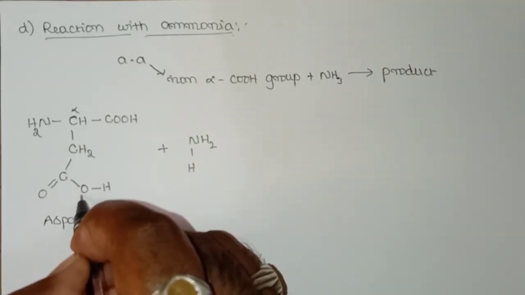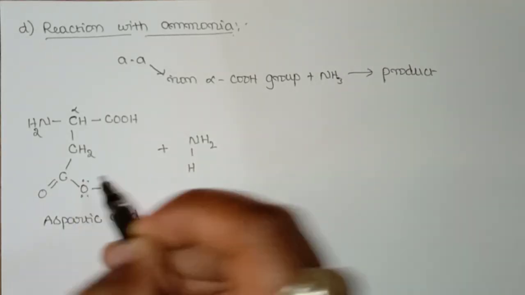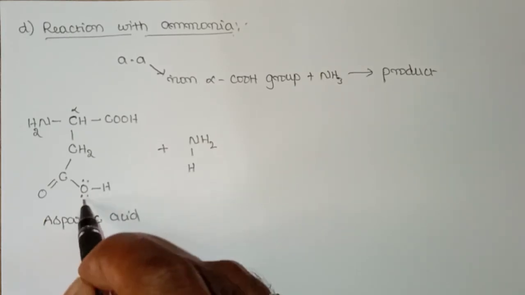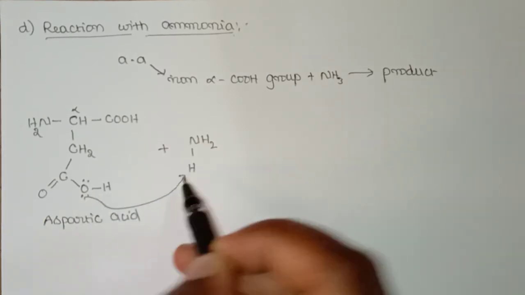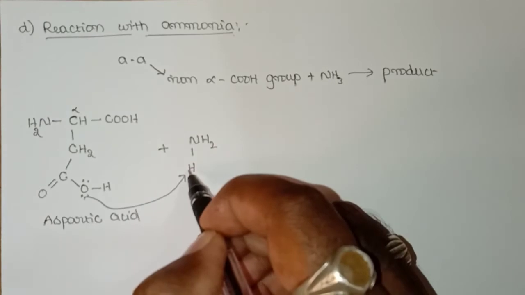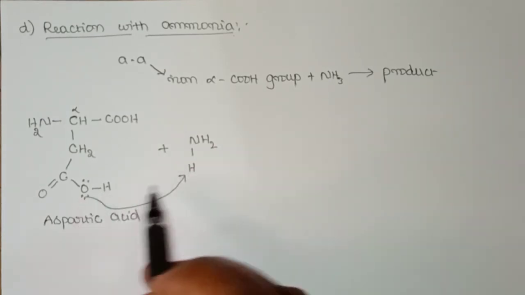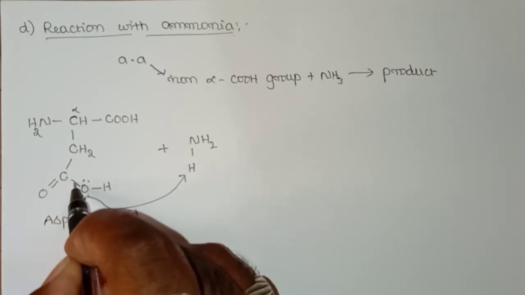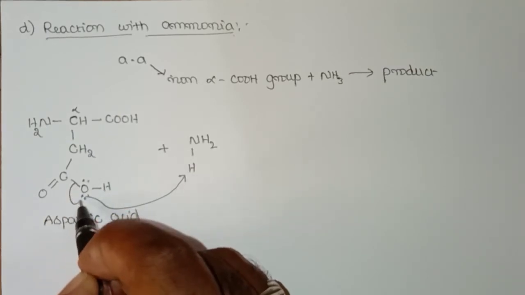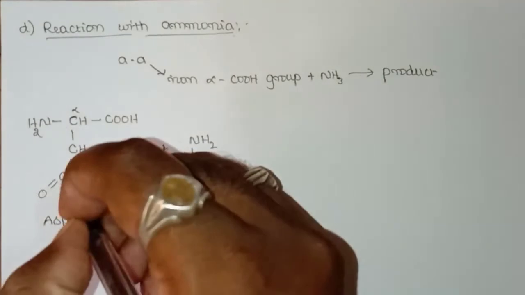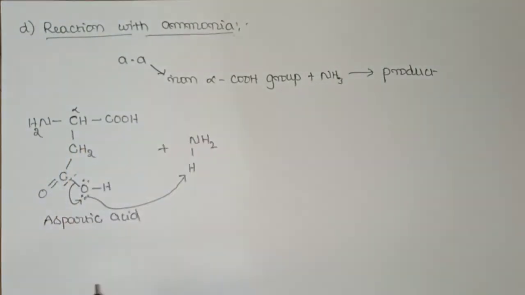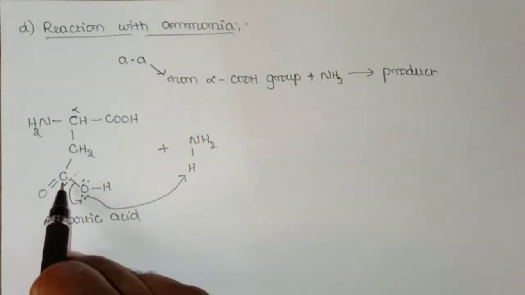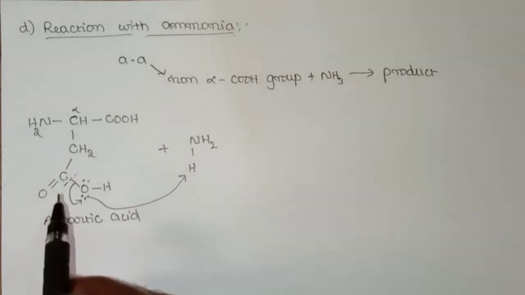Here the lone pair of electrons present on the oxygen atom will be donated to the hydrogen atom. So a bond will develop between this OH and H, and to balance the lone pair of electrons, these bond pairs will shift onto oxygen. So the bond will break between carbon and oxygen, and this carbon suffers from electron deficiency.